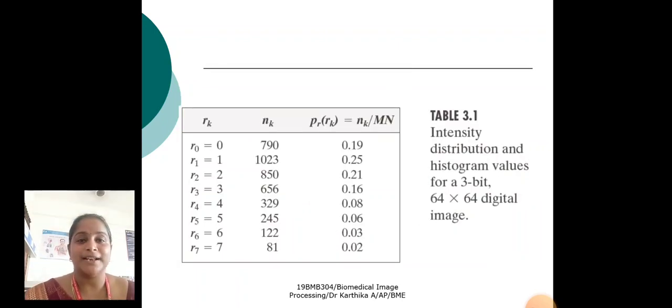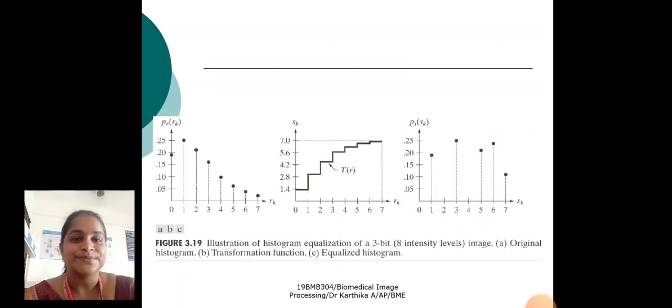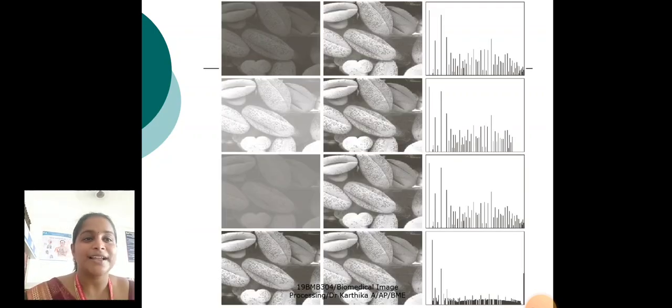This table shows the intensity distribution and histogram values for a 3-bit 64x64 digital image. Here r_k is from r_0 to r_7, n_k is from 790 to 81, and p_r of r_k, which is equal to n_k by M multiplied by N, ranges from 0.19 to 0.02. Next, this shows the illustration of histogram equalization of a 3-bit, 8 intensity level image: the original histogram, the transformation function and an equalized, highly enhanced image using histogram equalization.